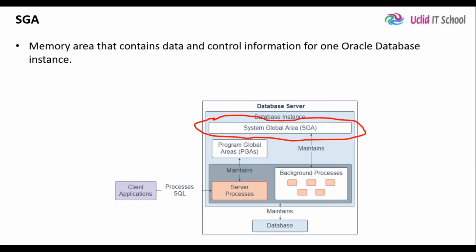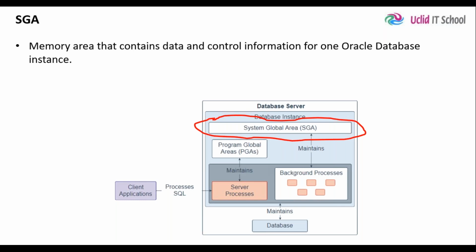When the database is operational, various processes use this information to access the data. So that way SGA is a memory area that contains data and control information for one Oracle database instance.